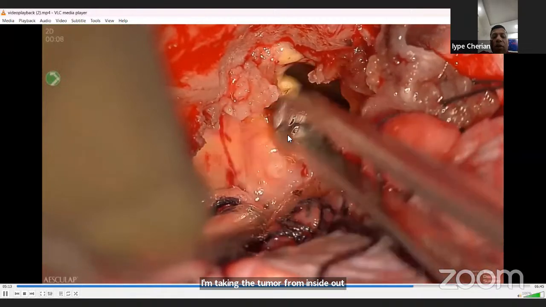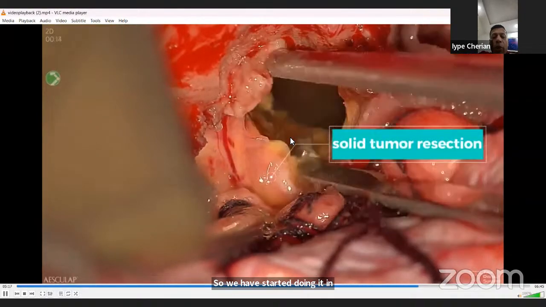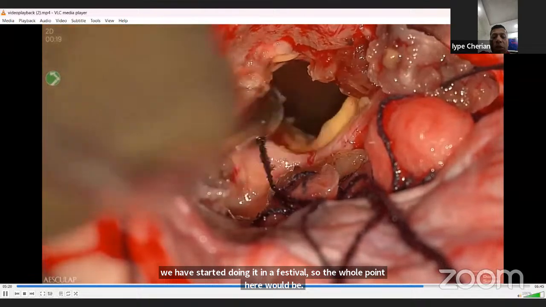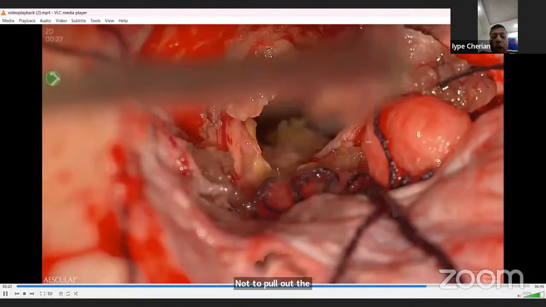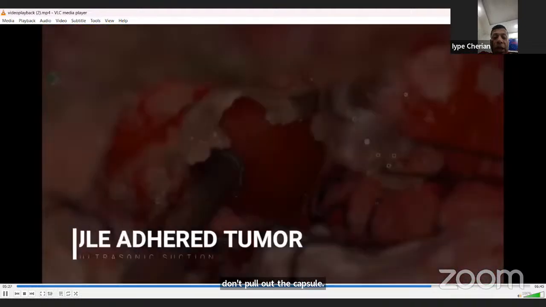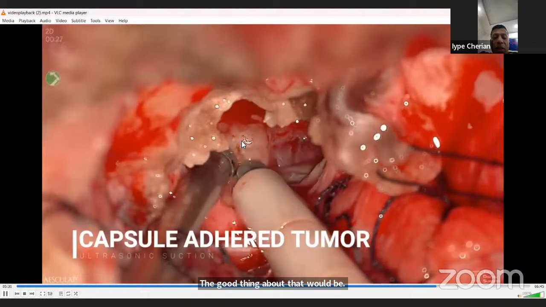We have started doing it in vestibular schwannomas also. The whole point here would be not to pull out the capsule, and when you don't pull out the capsule, the good thing is the vasa nervorum of the eighth nerve can be saved.